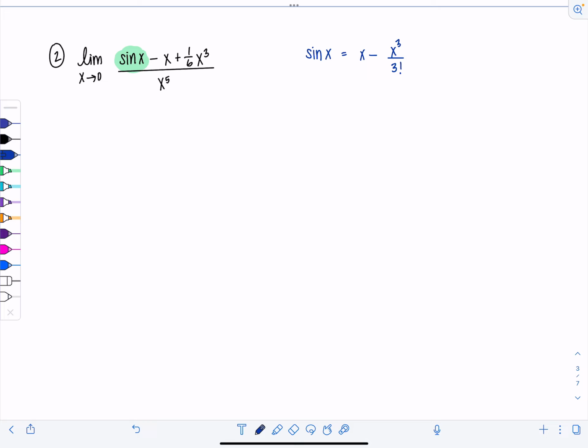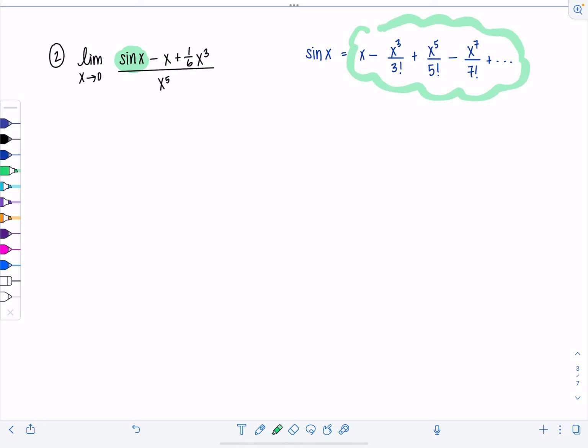It's alternating, so then it's going to be plus x to the 5th over 5 factorial minus x to the 7th over 7 factorial, etc. So that should be enough to get the ball rolling. We are going to replace sine x in the limit with the first few terms from its Maclaurin series.